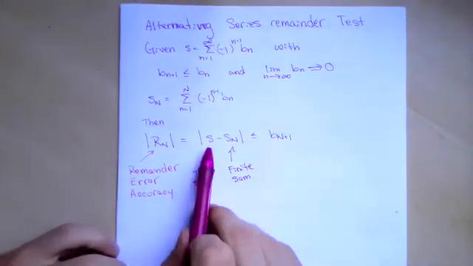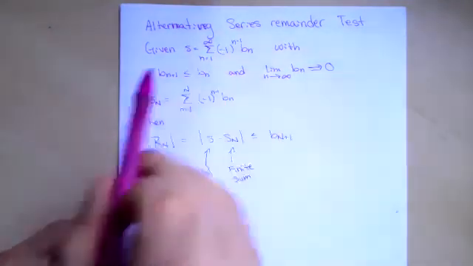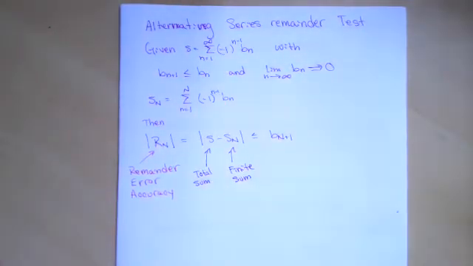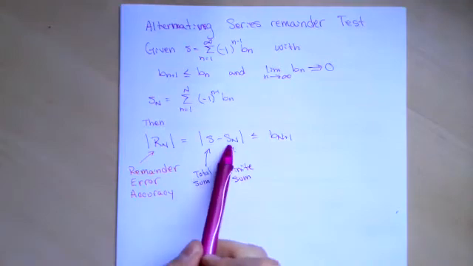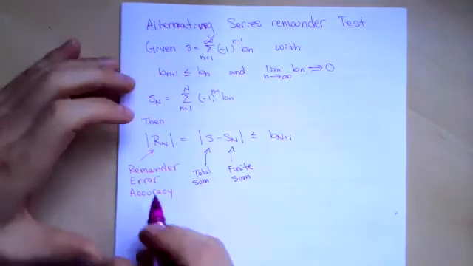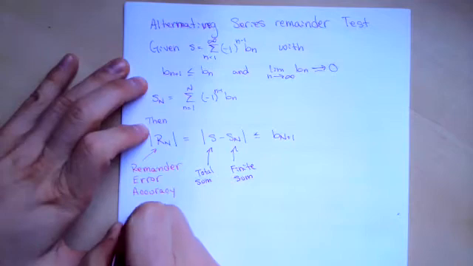So essentially what's going on is, some of these series, if I want to find the actual value of the series, it's really hard. But maybe we can get close enough by only adding up finitely many.